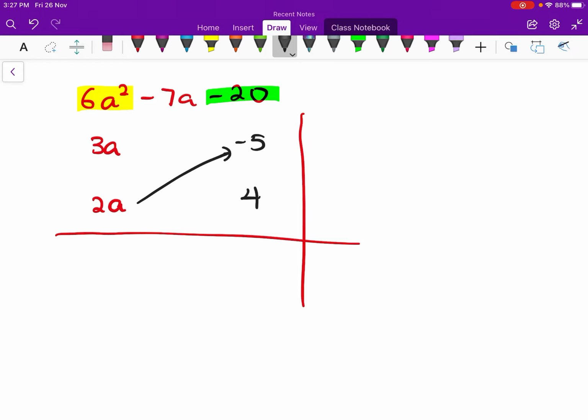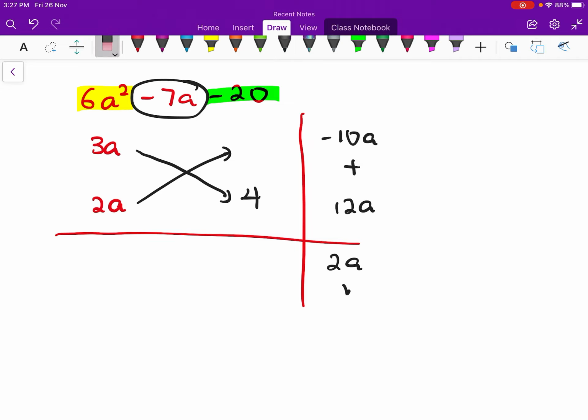Cross: 2a times minus 5 is minus 10a, plus 3a times 4 is 12a. You can see this gives 2a, so it's wrong because I must get negative 7a here. So I can't accept this.